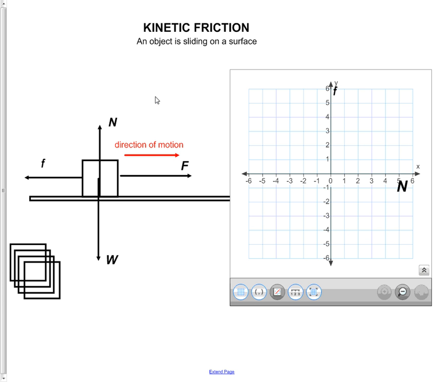So I'm going to ask you to imagine the following experiment. I've got a box sitting on a horizontal tabletop. The surfaces between the box and the tabletop are not frictionless, and so if I give this guy a shove, he'll slide for a little while and come to a stop because the force of friction will be an unbalanced force.